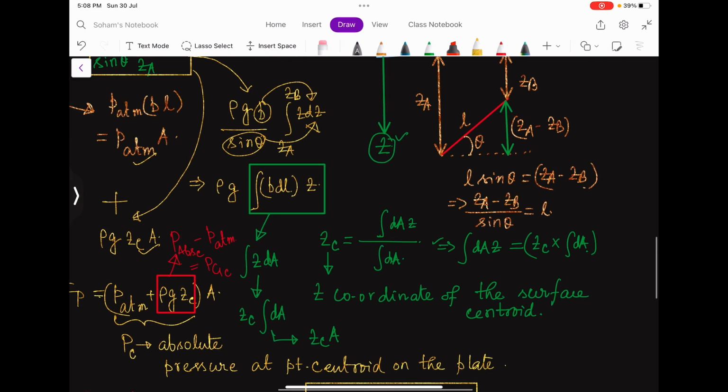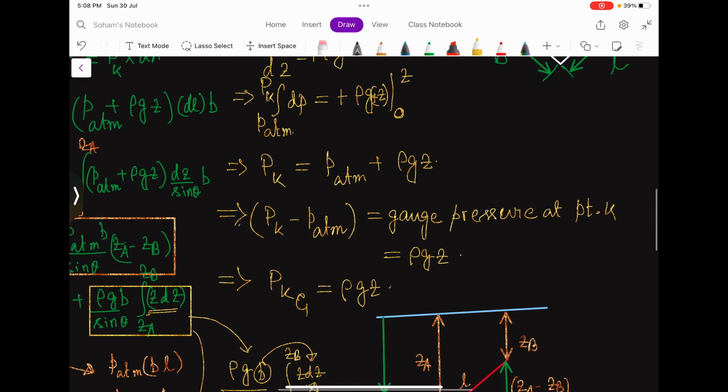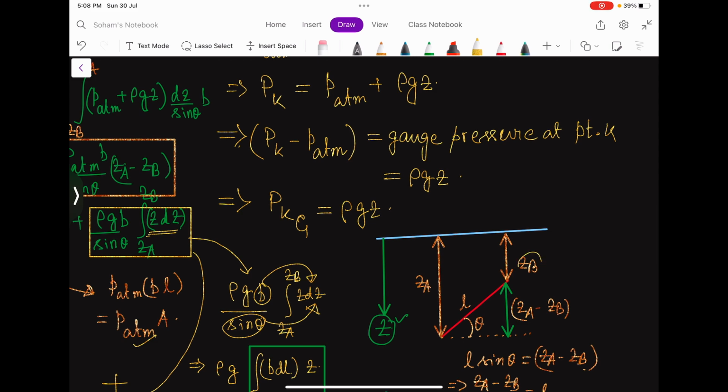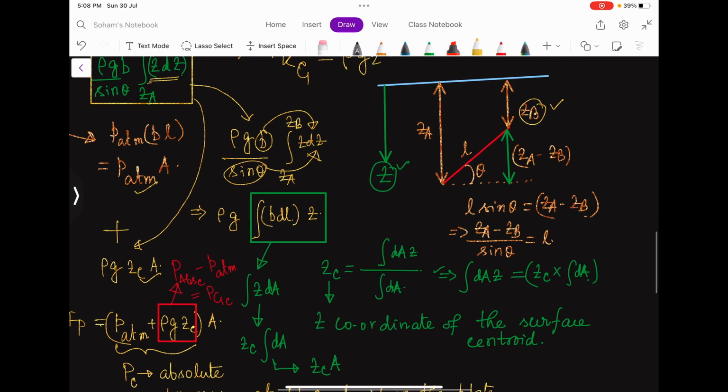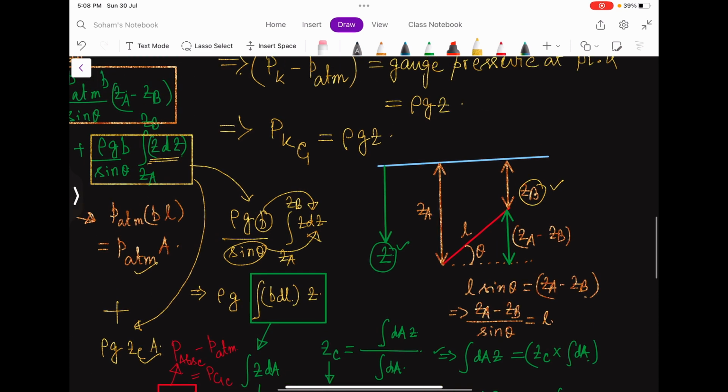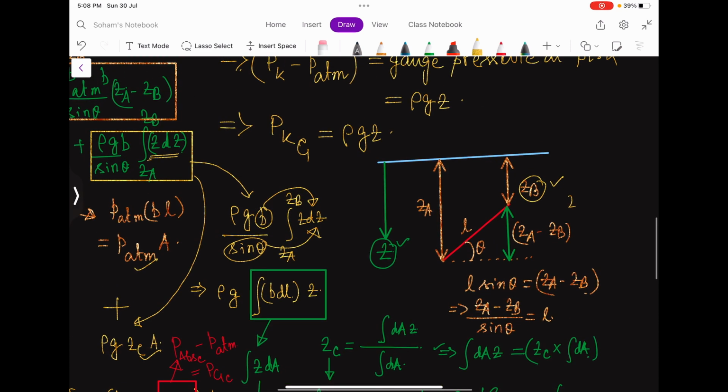So for this flat plate, let us just assume that zb is given. Then from this diagram, zc is nothing but zb plus this distance, because as it is a rectangular plate, the centroid is at the geometric center of this surface, and that is at the mid length.